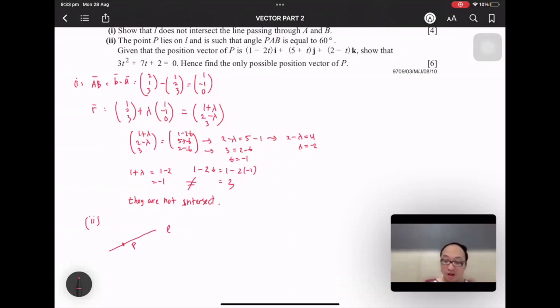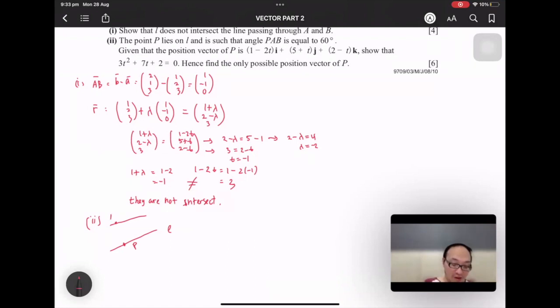I have A and B somewhere here. I move A here. So the angle PAB, this angle, equals 60 degrees.